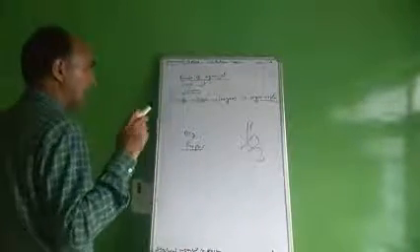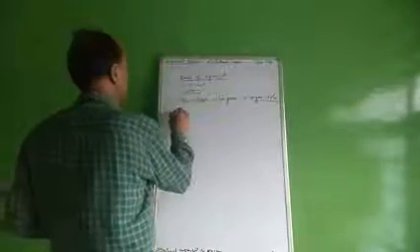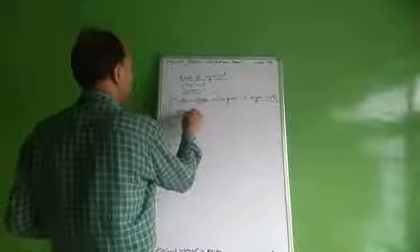The circulatory system, nervous system, excretory system, and muscular system are also organ systems. When all the organ systems combine, they form the organism, the individual. So these are the levels of organization.